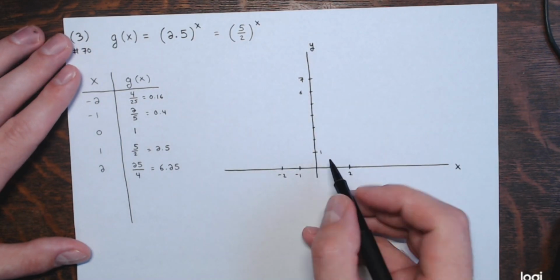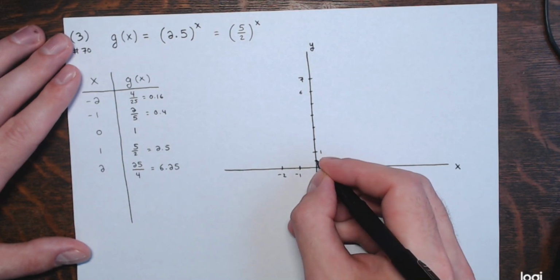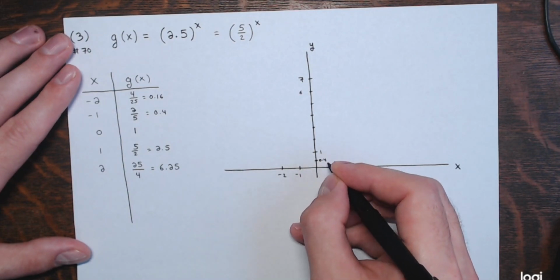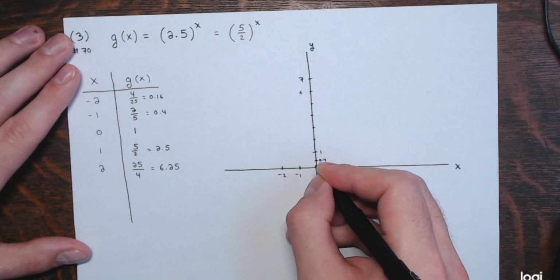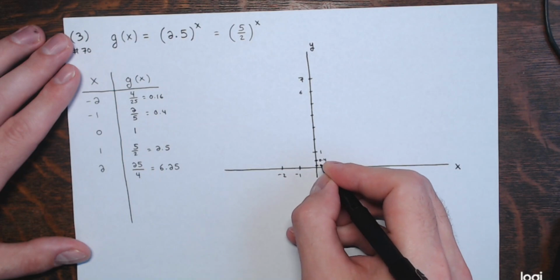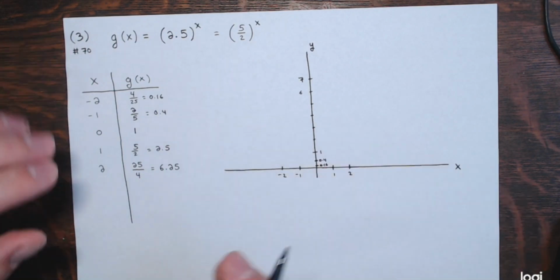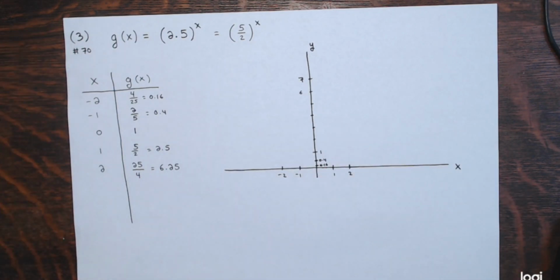And yeah, let's say 0.4 is a little less than a half. Say there's 0.4, and 0.16, a little more than 1/10. These would be tiny, right? Okay, and then plotting some points now.